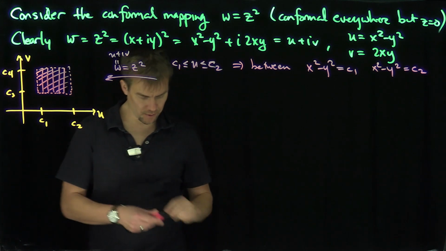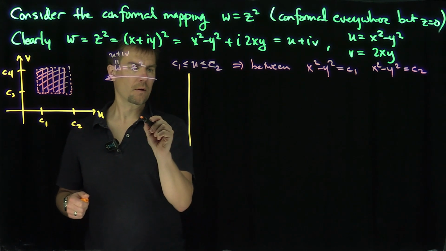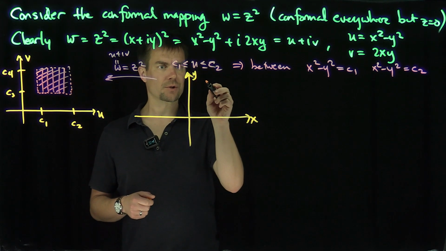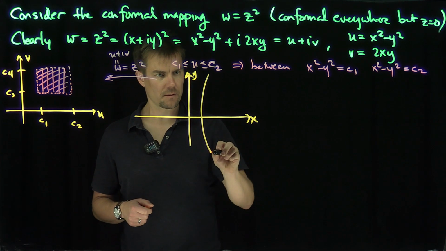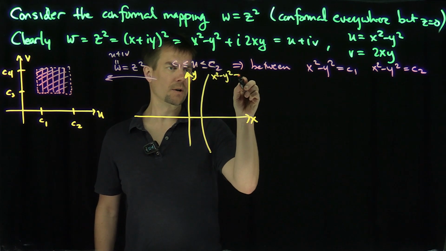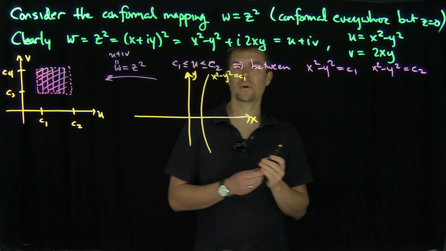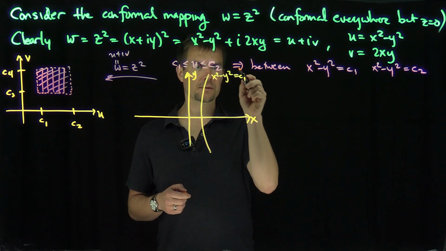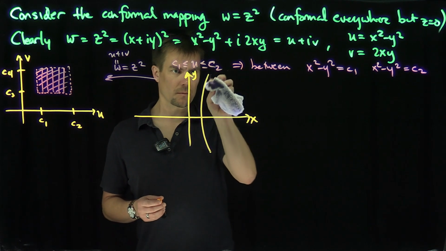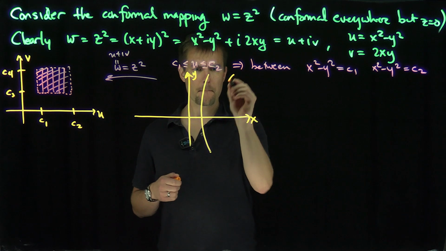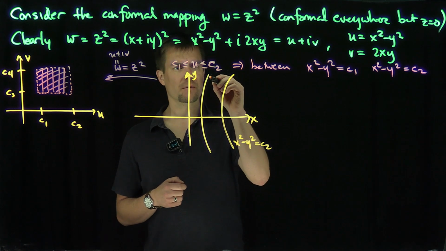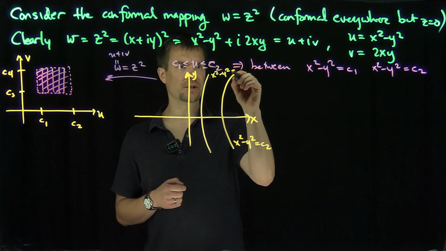So what do those curves look like in the xy space? Those curves are just hyperbolas. Here, x squared minus y squared equals c1, and c2 is bigger, so c2 is going to look like this. This curve is x squared minus y squared equals c2, and this curve is x squared minus y squared equals c1.